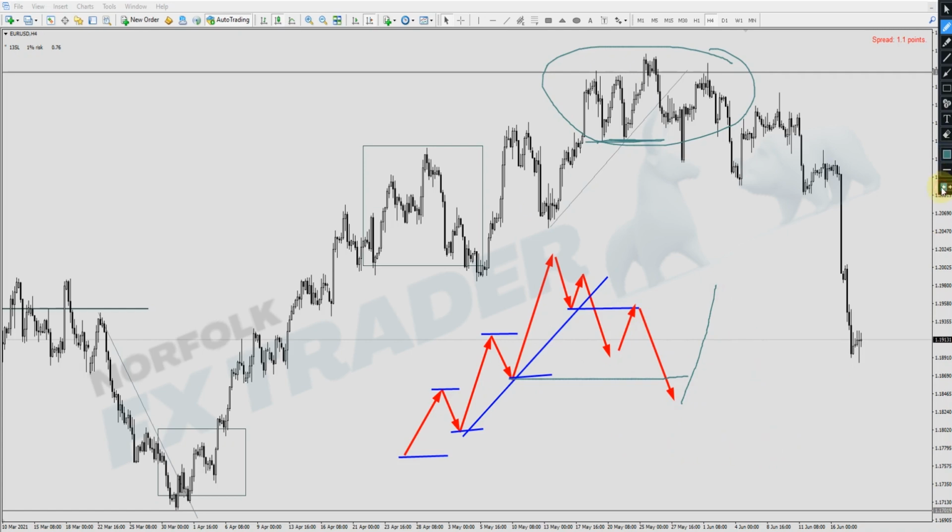Let me remove these arrows. Right, so when we see this here, we don't actually break this low. And what is happening, this is just a retracement on the way back down, and that will be coming back into an area of demand where you'll then be looking for your optimal entry to capture a trade here to go long.